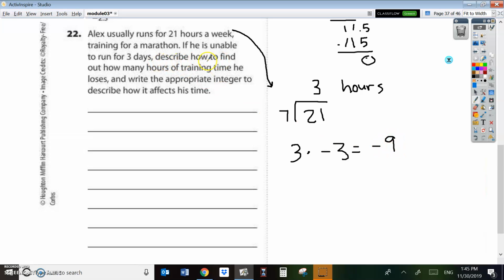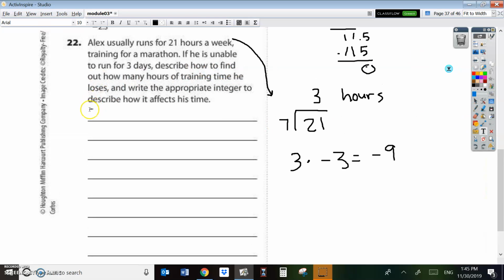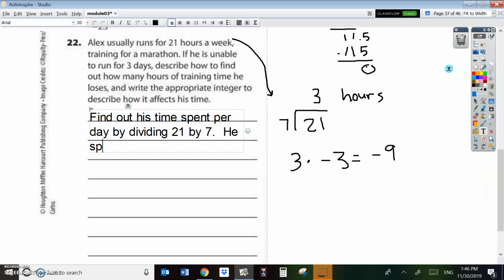Okay, so describe how to find out how many hours of training time he loses. So first, find out his time spent per day by dividing 21 by 7. He spends 3 hours per day running.